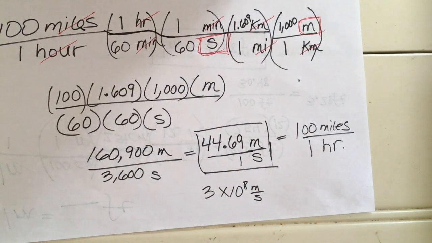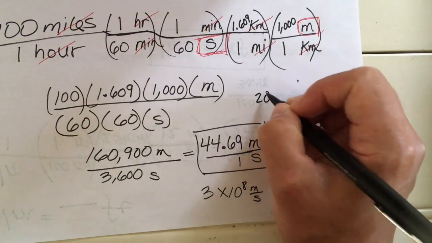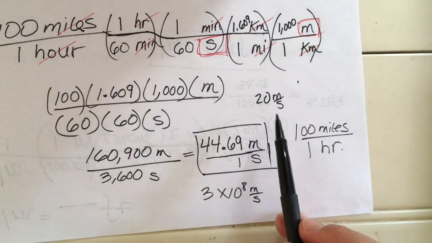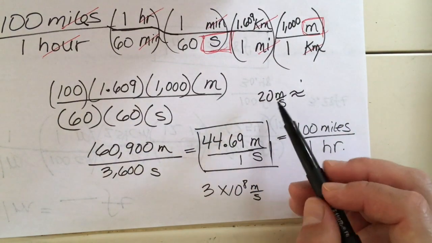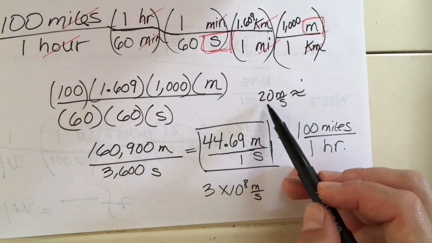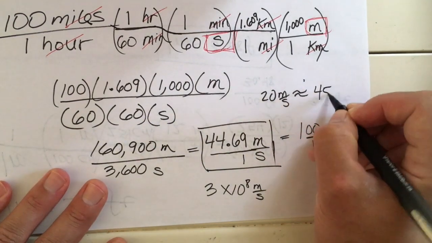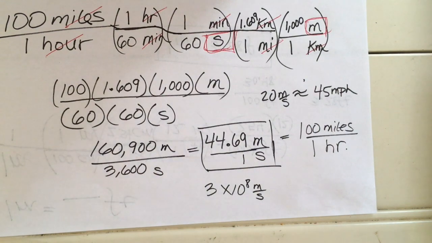If you were going to give me, say, 20 meters per second, and you're like, how many miles per hour is that? I would say roughly, if I was just guessing off the top of my head, take your 20, double it, that's 40, add some, maybe 45 miles per hour. That's just a good guess.